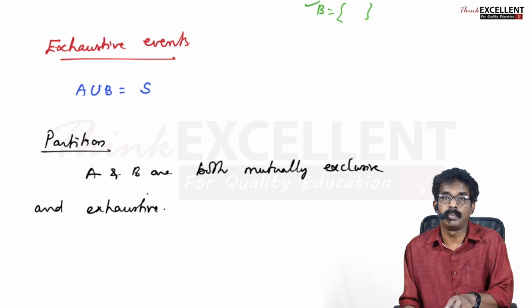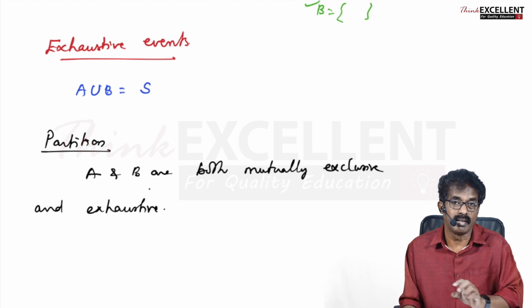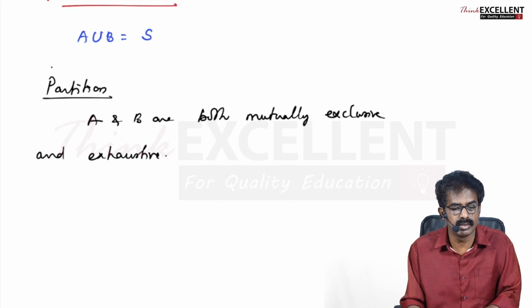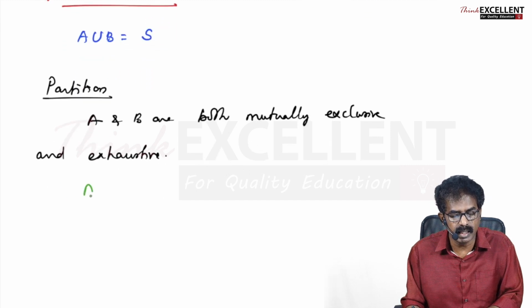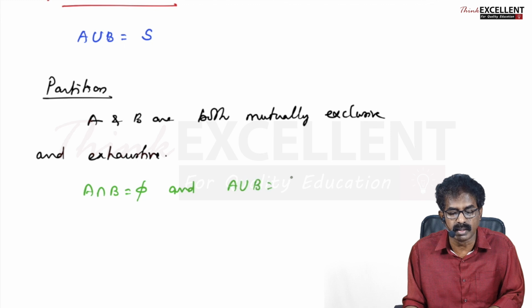Then A and B are said to form a partition. So there are two conditions here. A intersection B is the empty set, nothing is common for them. And one more condition: when you take the union, you have to get the sample space.